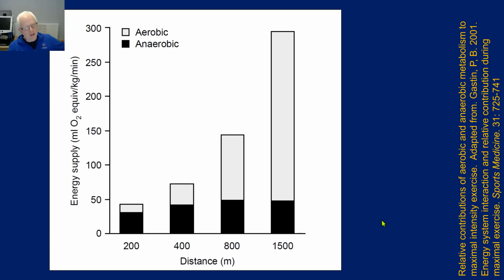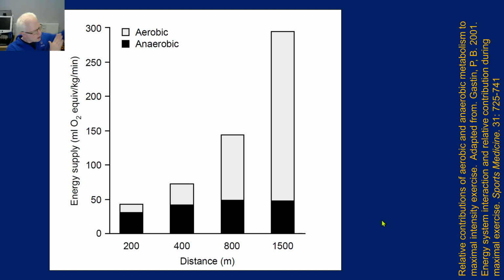So the limiting factor really in terms of the anaerobic metabolism is the size of the capacity of the individual. So the larger the anaerobic capacity, the greater the anaerobic contribution can be. And in events like 800 and 1500 meter running, a larger anaerobic capacity means higher sustainable speeds.